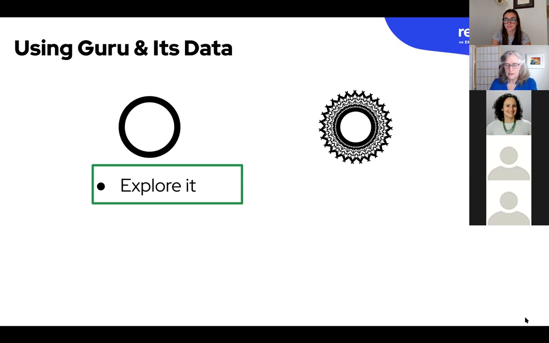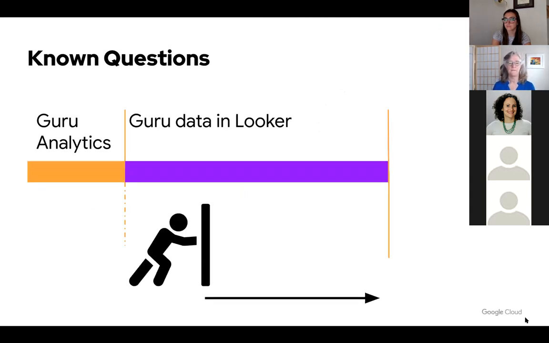First key is you've got to explore your data, because then everything else becomes possible. For example, Guru Analytics gets you some way down the line, and Guru data accessible from a data analysis tool gets you way farther.